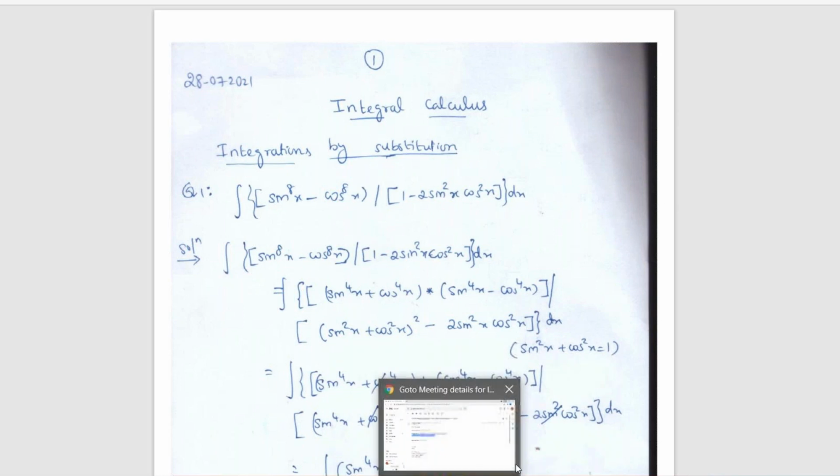It is of the form (a plus b) the whole square, so the formula is a^2 plus b^2 plus 2ab. Then minus 2 sin^2 x cos^2 x, the remaining term. So this will get cancelled. What is the remaining term? Sin^4 x minus cos^4 x dx.